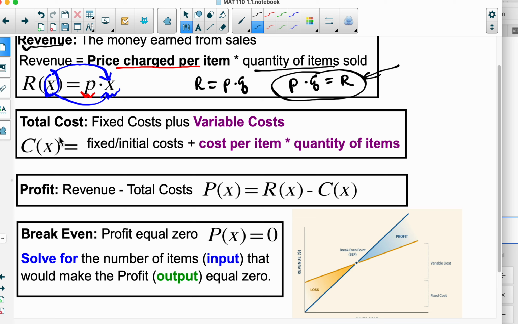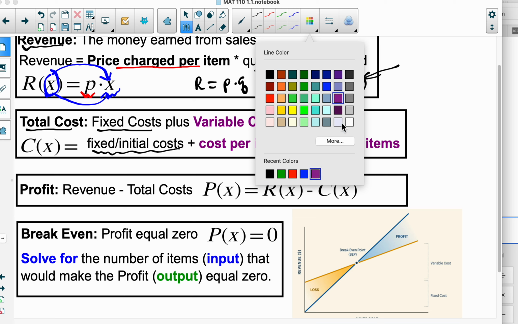All right, so now we want to look at cost, total costs, and total costs have two components. We can have fixed cost, or let's say initial cost. Let's say that you are going to sell cupcakes at a local farmer's market, and you have to pay a fixed cost or initial cost of, let's say, $100 to set up your tent. So that doesn't depend on how many items you sell at all, right?